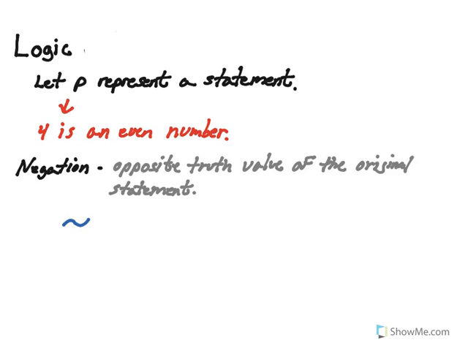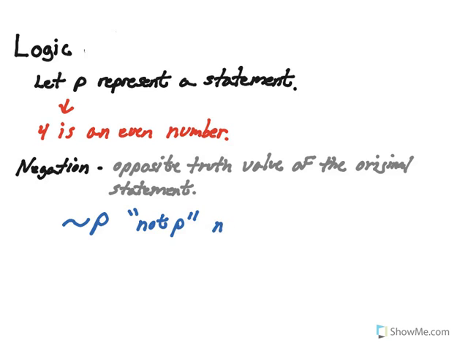So if you have an original statement that was P, which is 4 is an even number, then we're going to use this tilde, meaning the negation of P, or better known as not P. Kind of like the negative, right? Negation, negative.